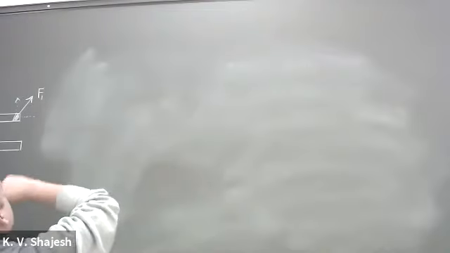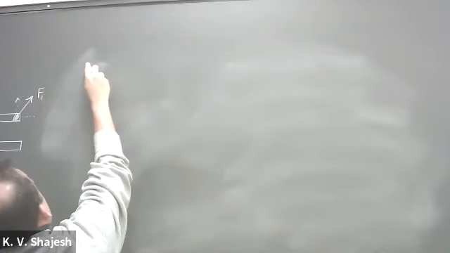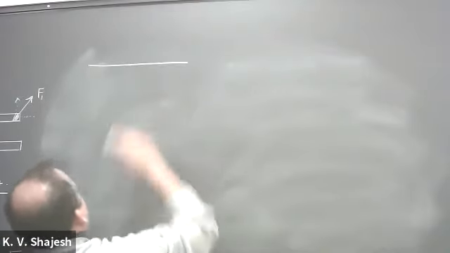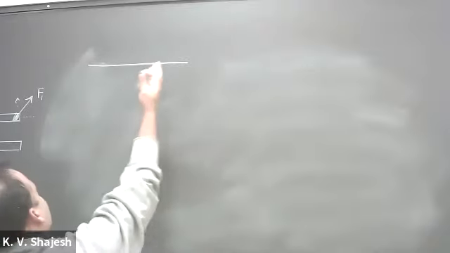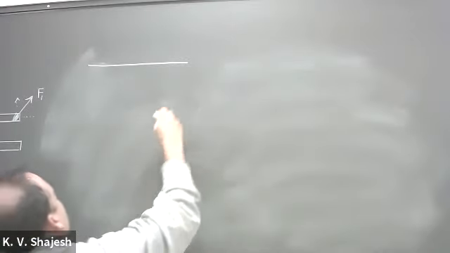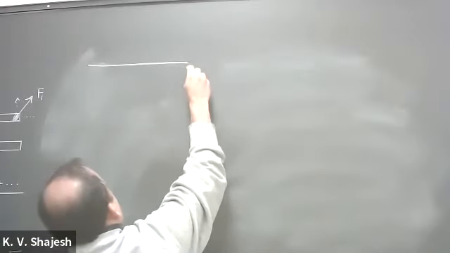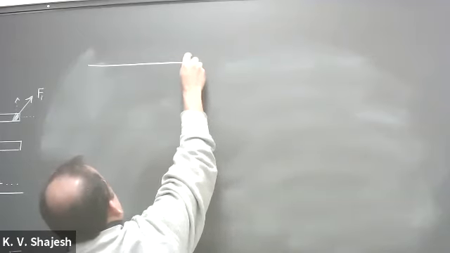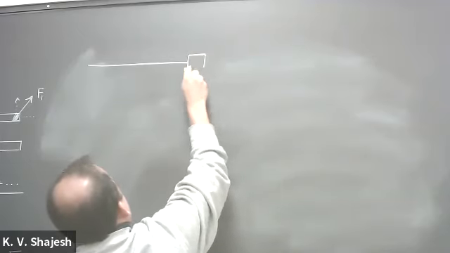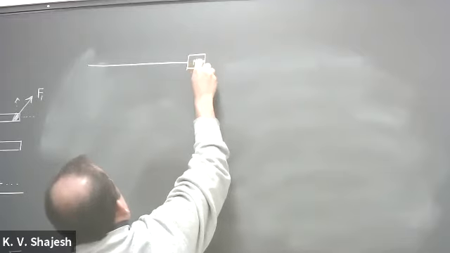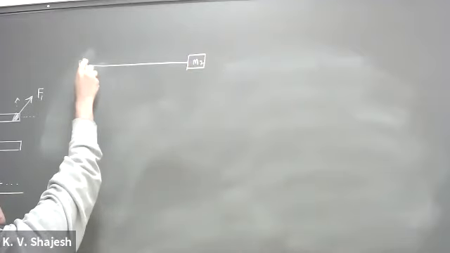Okay, so let's consider an example where we have a very light rod. That means it's a massless rod. And let's have two masses attached to it. So this is M2 and that's M1.